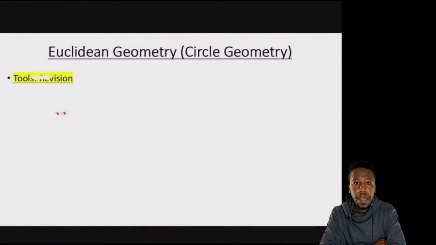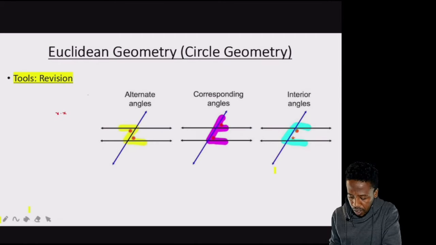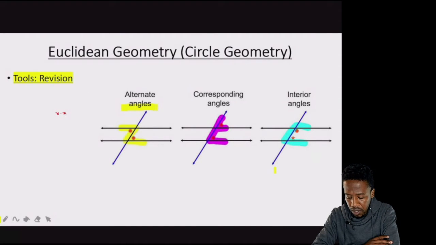Looking at those tools is part of your revision. What are those tools? Like I said, they are part of your revision. Those tools are the relationships between straight lines, and the first one that we have there is alternate angles. We identify alternating angles by what? By a Z pattern.